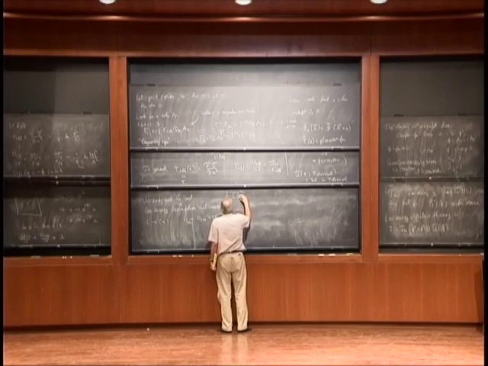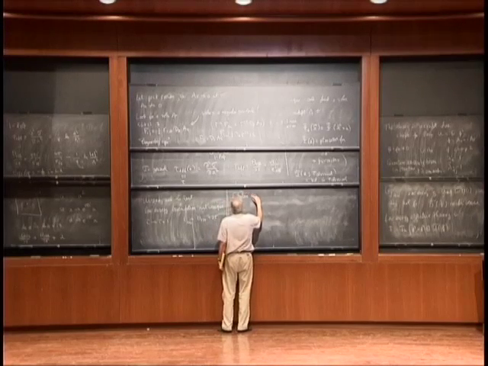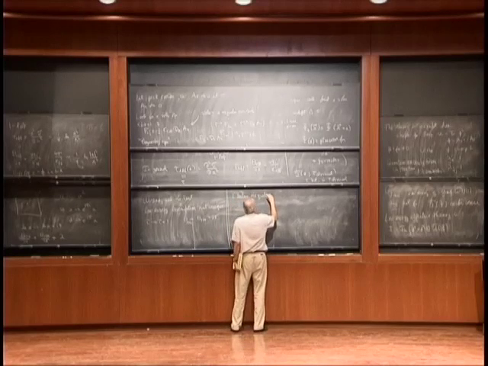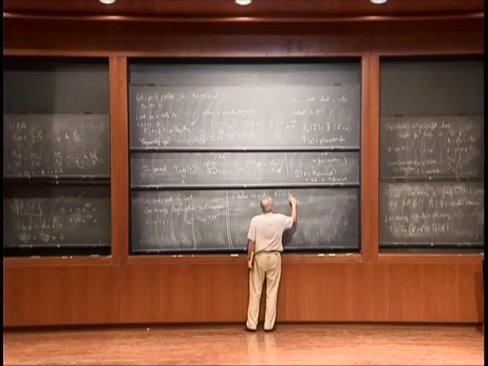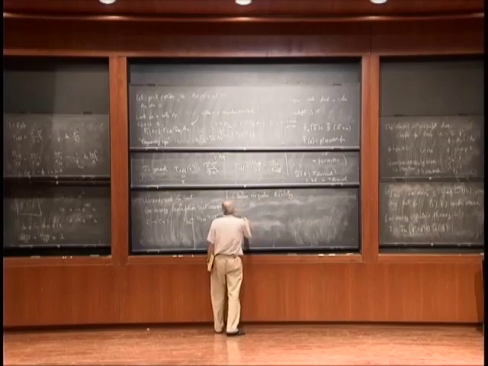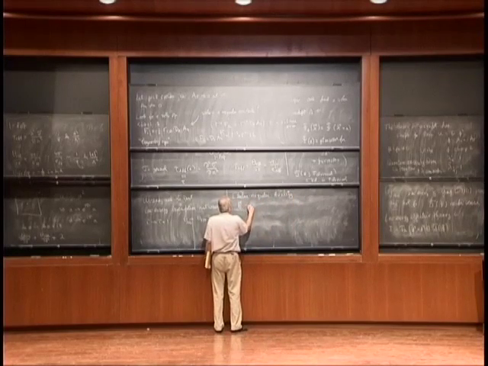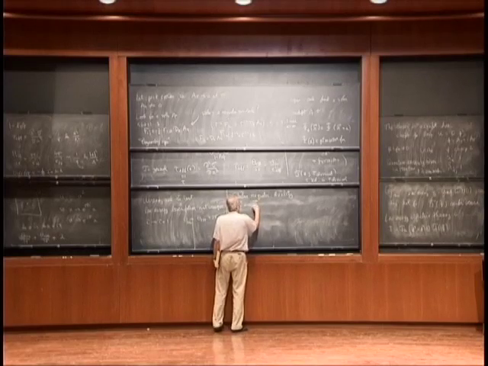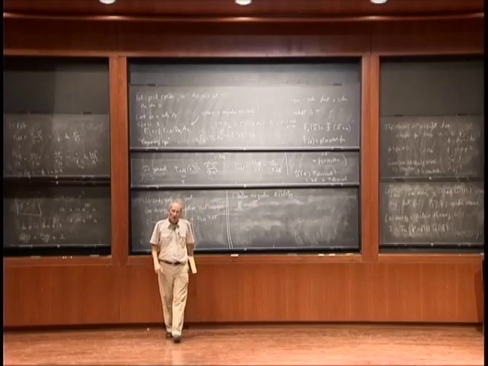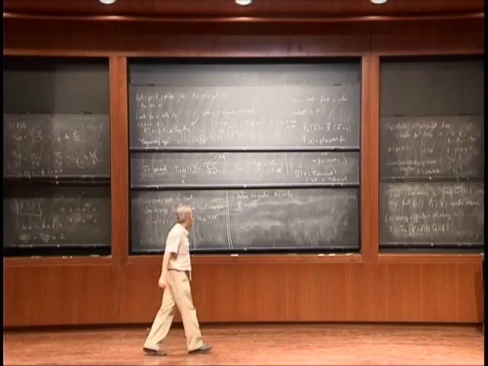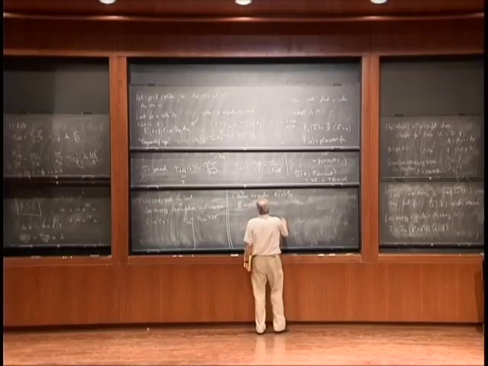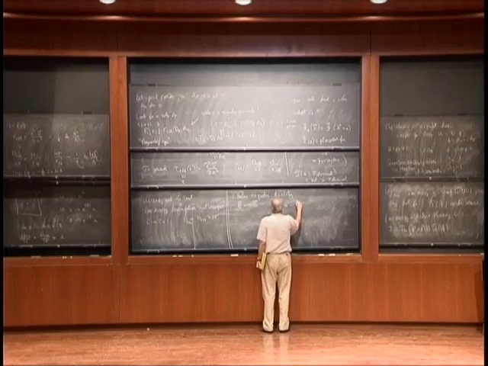The further ambiguity is electric-magnetic duality. So classically, electric-magnetic duality exchanges the electric and magnetic fields. But quantum mechanically, by a manipulation similar to the one that was presented in the homework session, it acts by tau going to minus 1 over tau.